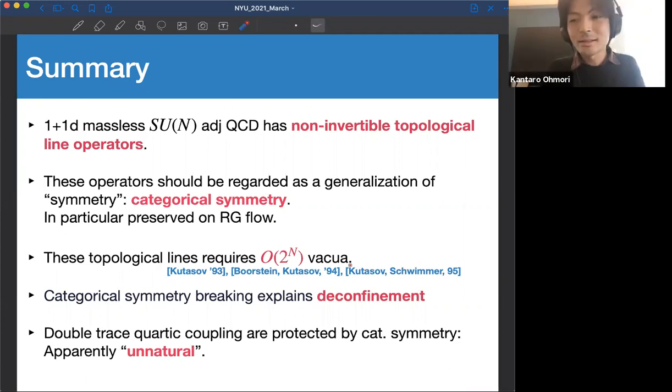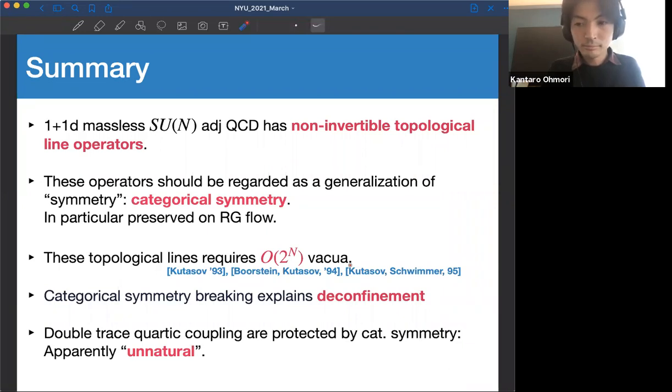In 2D, continuous symmetry cannot be broken, and I think that also applies to categorical symmetry. So I do not have a good example right now, but that's a very good, interesting question. Thanks.